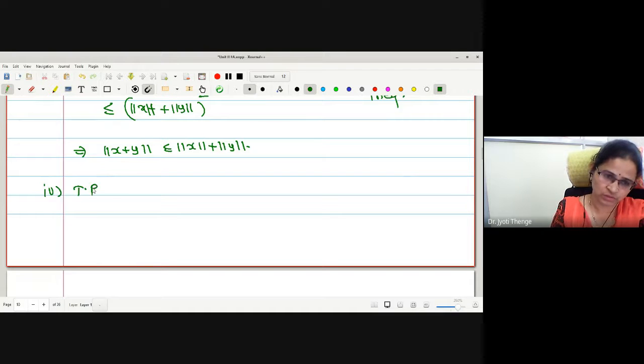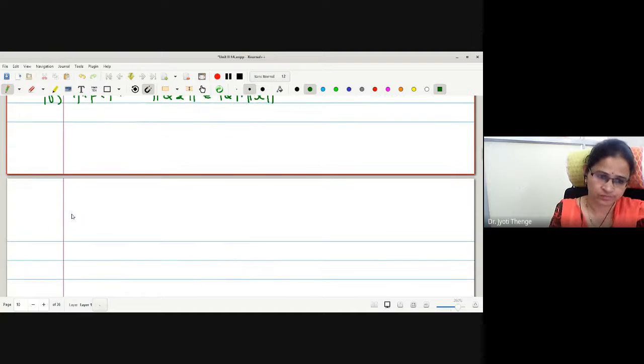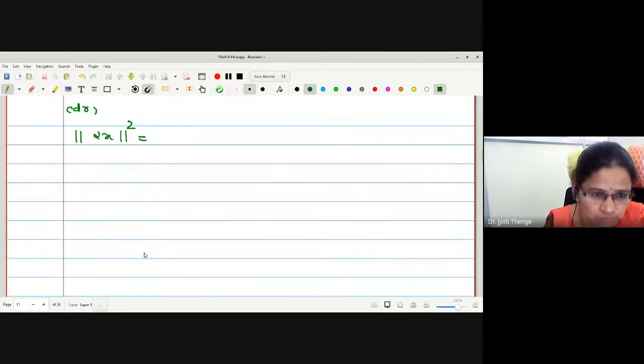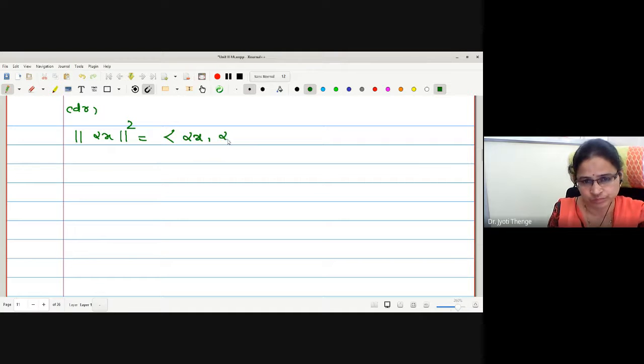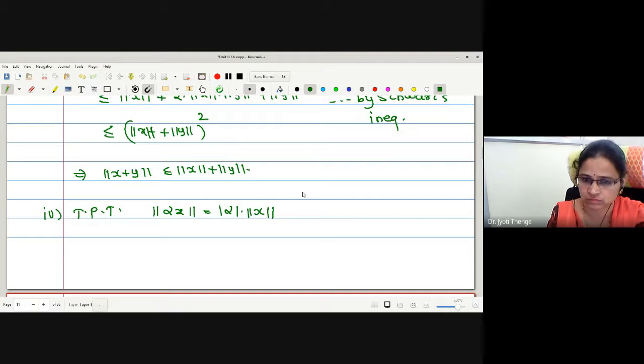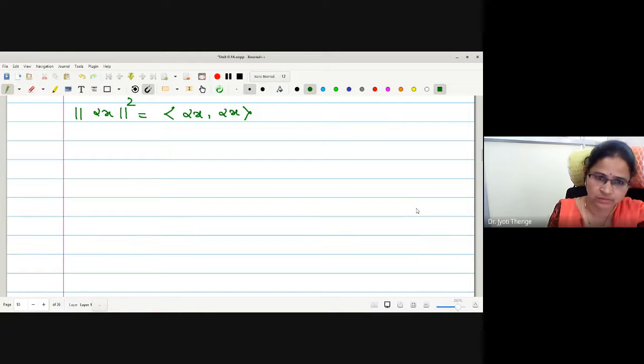What to prove in the fourth? Consider norm square of alpha x. What is this norm square of alpha x? Inner product of alpha x with alpha x. Alpha be any scalar, belonging to C, I will write.